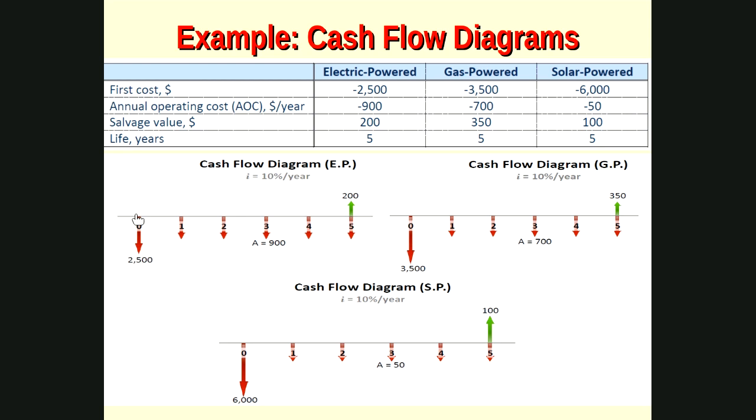P given A, no. P given F, yes. 10%, 200. Excellent, Ali. Excellent. Faisal, Mishaal, beautiful. So the 200 is multiplied with the bracket that contains P given F for 10% and the number of years is 5.